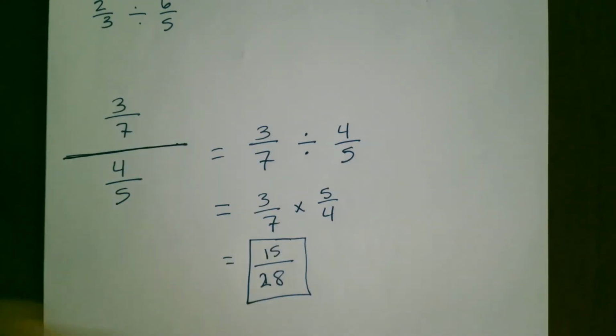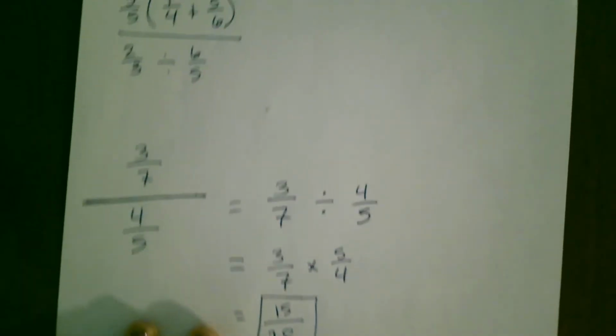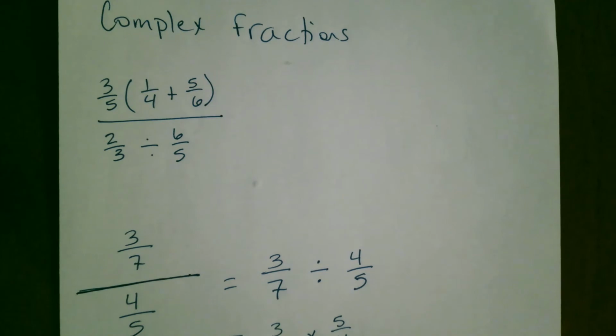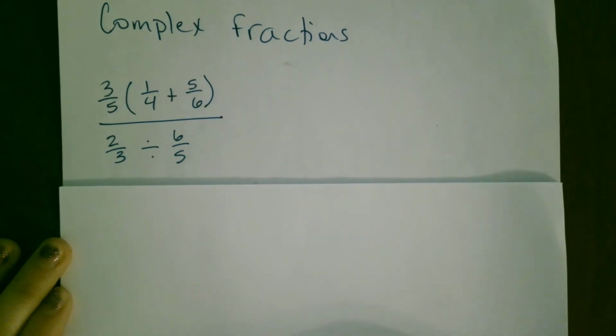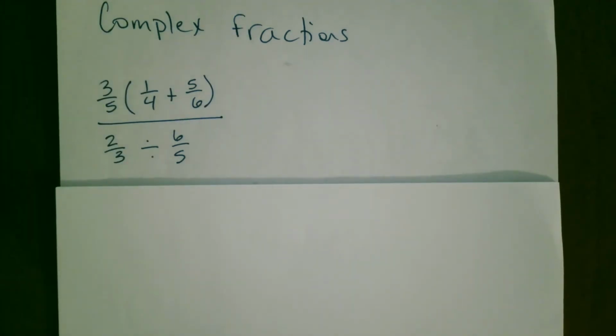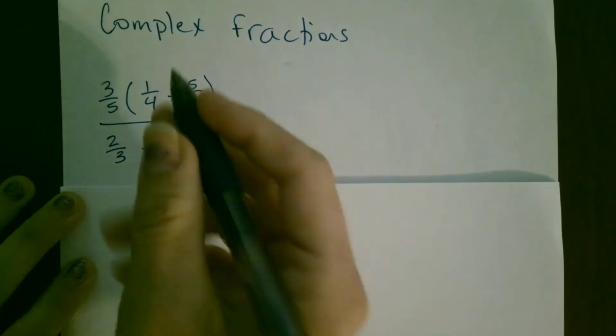So let's go back to the crazy one that we started with. Let me get another piece of scratch paper. Like I said, we want to start on the top. We're going to do top and bottom separately. On the top, I have addition of fractions and multiplication. I'm going to follow my order of operations and do the addition inside the parentheses first.